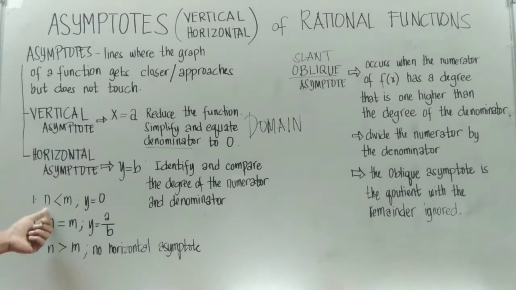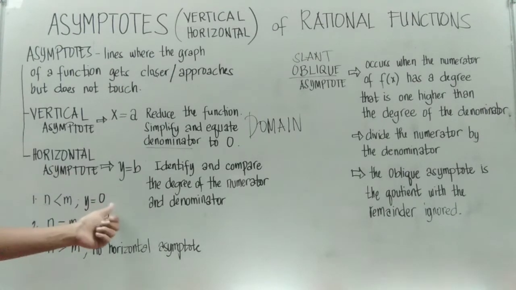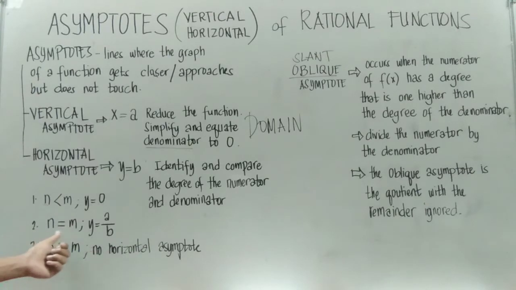If the degree of the numerator is less than the denominator, then the horizontal asymptote is y equals 0. Second condition: when the degrees of the numerator and the denominator are equal, we divide the leading numerical coefficients. I will discuss it later. And when the degree of the numerator is greater than the degree of the denominator, there is no horizontal asymptote.